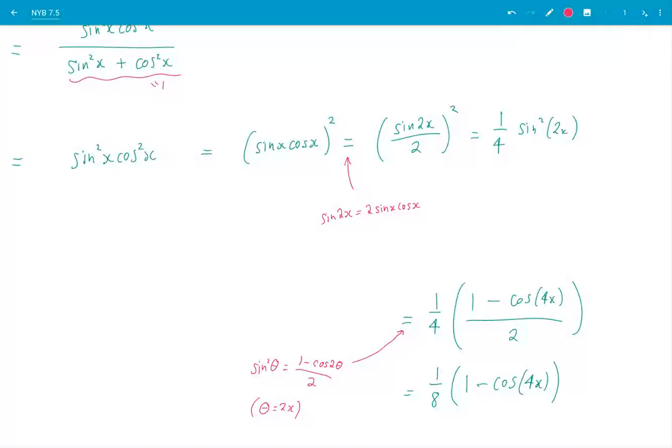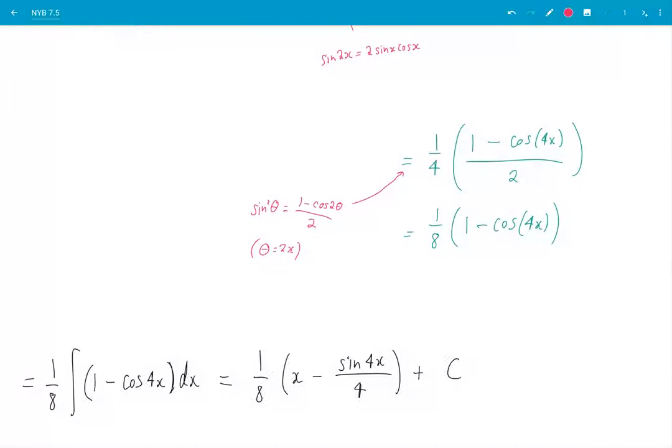And then finally, I have this very manageable doodad here, where I can just do a substitution, u is equal to 4x, and it'll work out no problem. Okay, so that's what I do to sort this out. So pause and copy, and we'll move on.